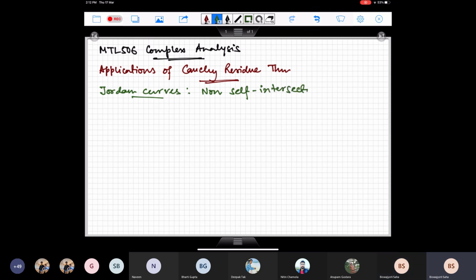Non-self-intersecting except for endpoints. Closed curves.